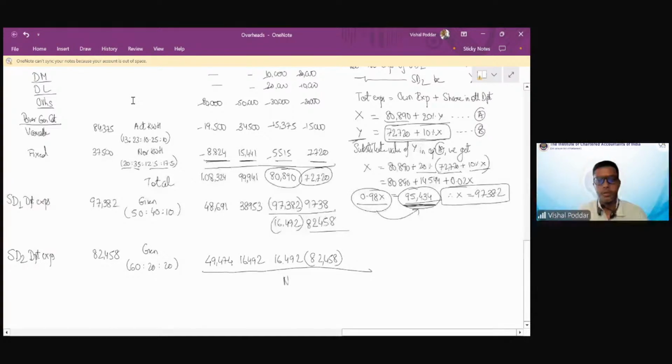Now, after this step, both service departments have become nil, and this will be the total of my first production department. $108,324 plus 48,691 plus 4,947. 206,489.